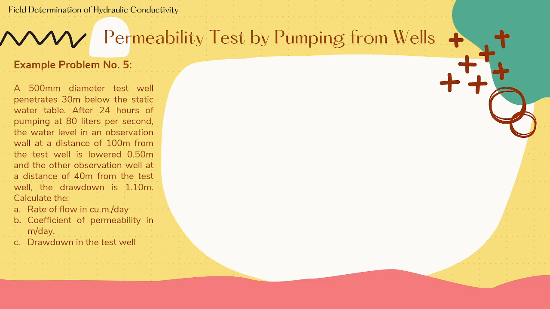So this is an example of an unconfined aquifer. This is our initial water level, and for example, this is our test well. In this distance are the observation wells.